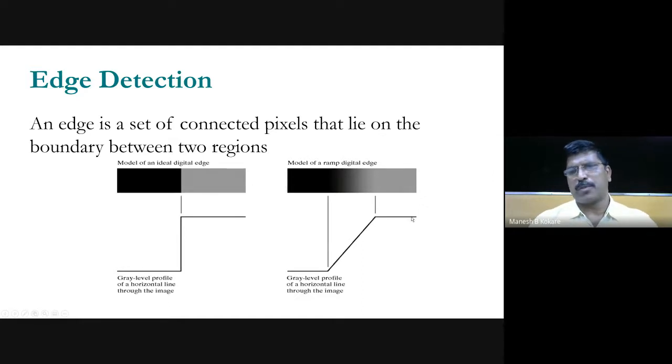So the gray level profile remains constant here. So this is a ramp kind of function, whereas the other is a step kind of function, and detecting this kind of edges is easy.